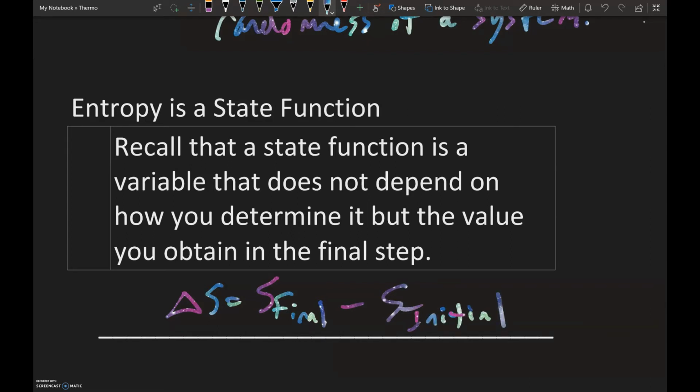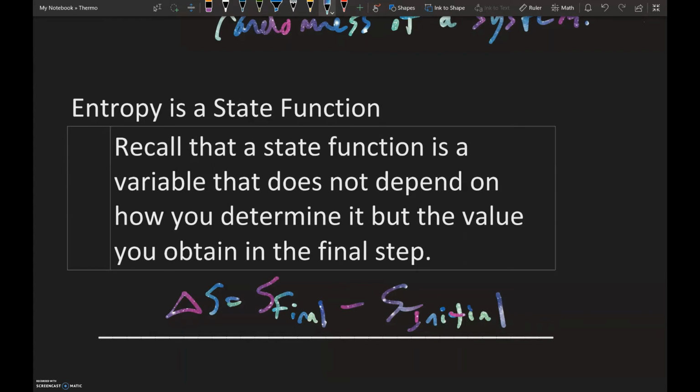If I were to tell you to go to the lab and get me 50 milliliters of volume, you go to the lab, you do whatever you do, you come back and give me my 50 mils. The only thing I care about is that I got my 50 mils of water. I didn't ask you how to do it, because there are many different ways you can do it. You can get a beaker, you can get a graduated cylinder, and there are multiple sizes of graduated cylinders that you can use.